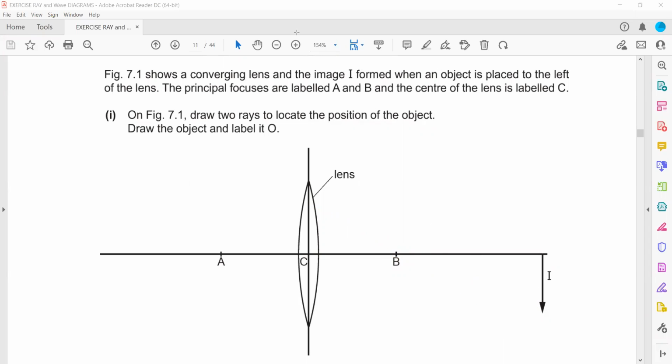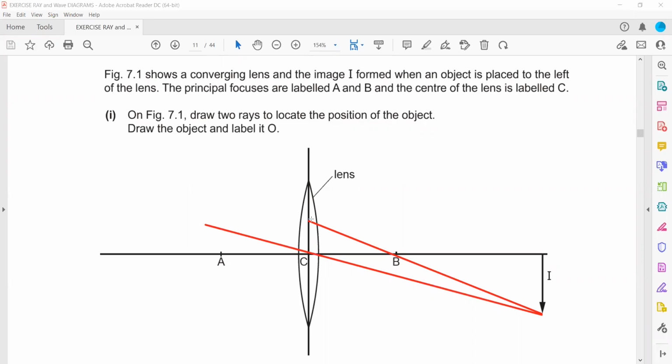So if we relocate, one of the light rays is passing through the focus and one of the light rays passing through the center of the lens will pass straight. So these are the two light rays. So how to locate the object?